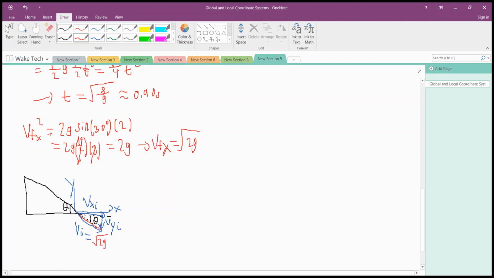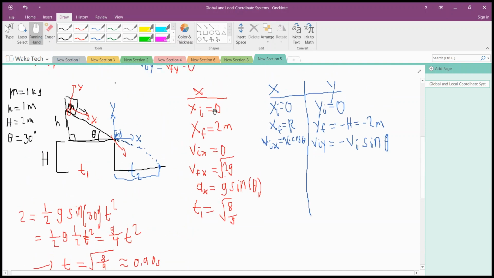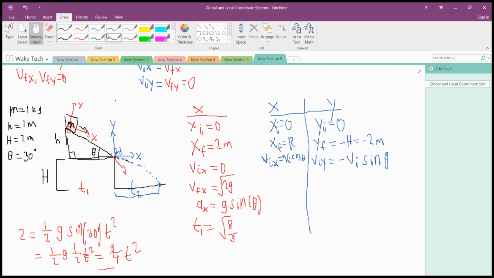So v initial is root 2 g. So I can write this out a little bit more as root 2 g cosine theta and minus root 2 g sine theta.